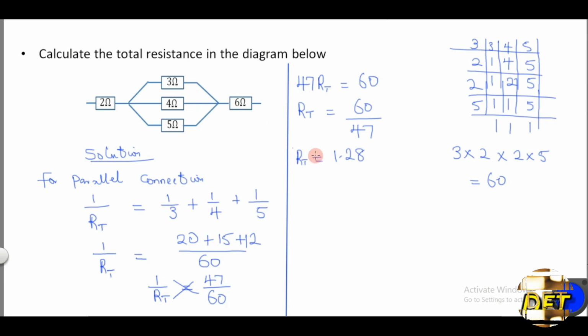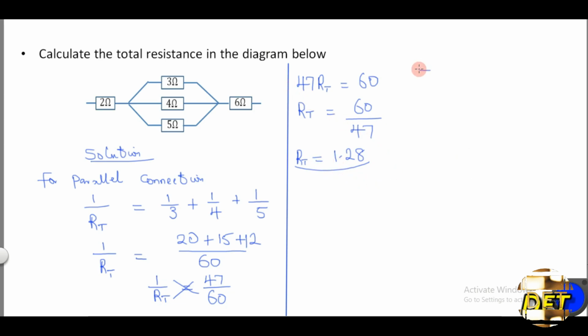So with this, I have resolved the parallel connection to be in series with this. I've resolved it to be a single resistance. So what I now have in essence, I will now have something like this. Here will be the 2 ohms, and here will be the 1.28 ohms, which is what I've resolved here, right?